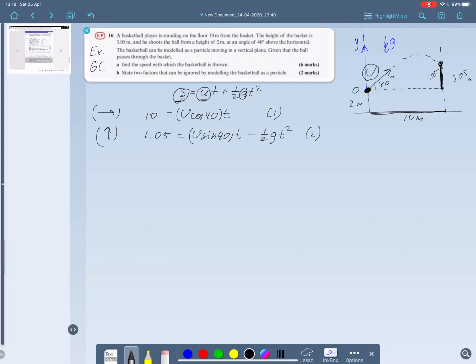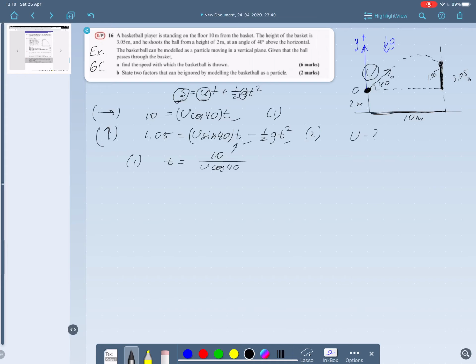That's it. We are interested in u. So our aim is then to eliminate t from these equations and get the equation for u. If we take the first equation, we can rearrange it for t to get 10 over u cos 40. That's it.